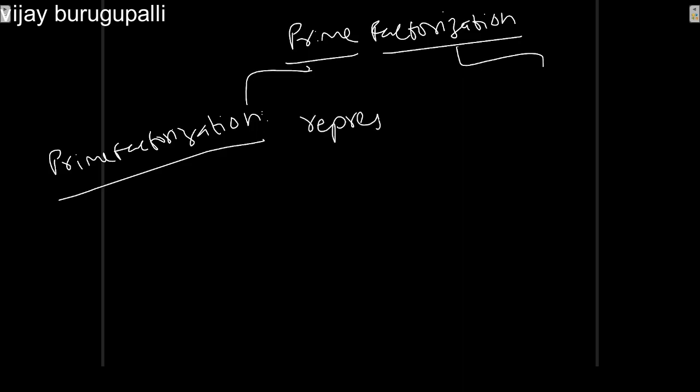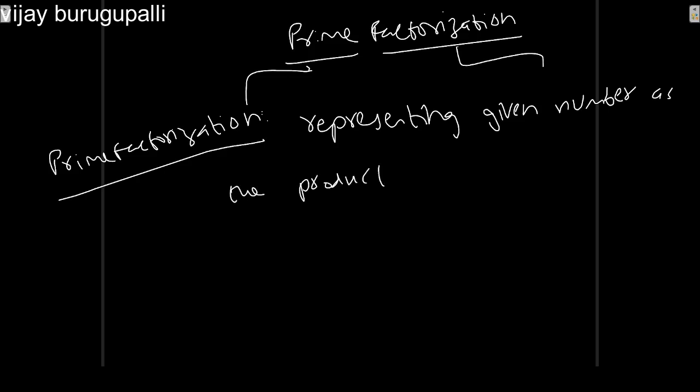Representing a given number as the product of its prime factors. That means prime factorization is nothing but representing the given number as the product of its prime factors.